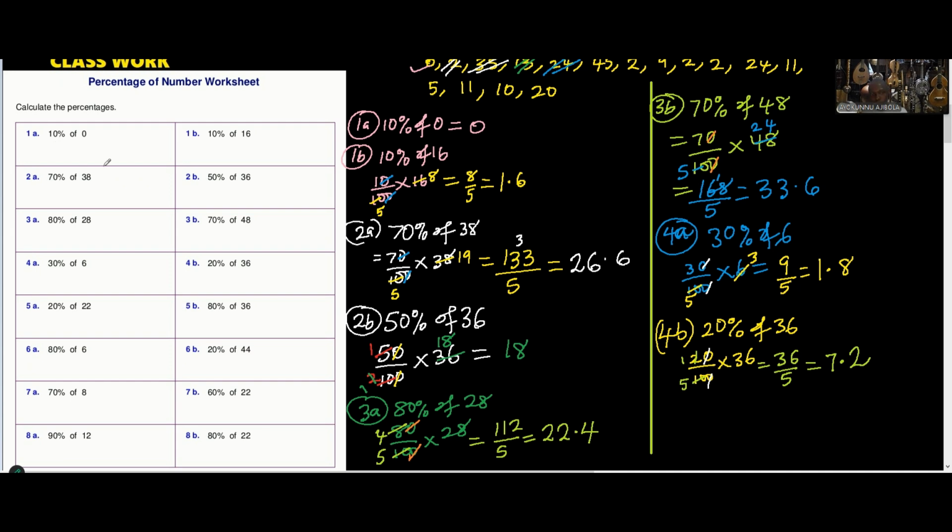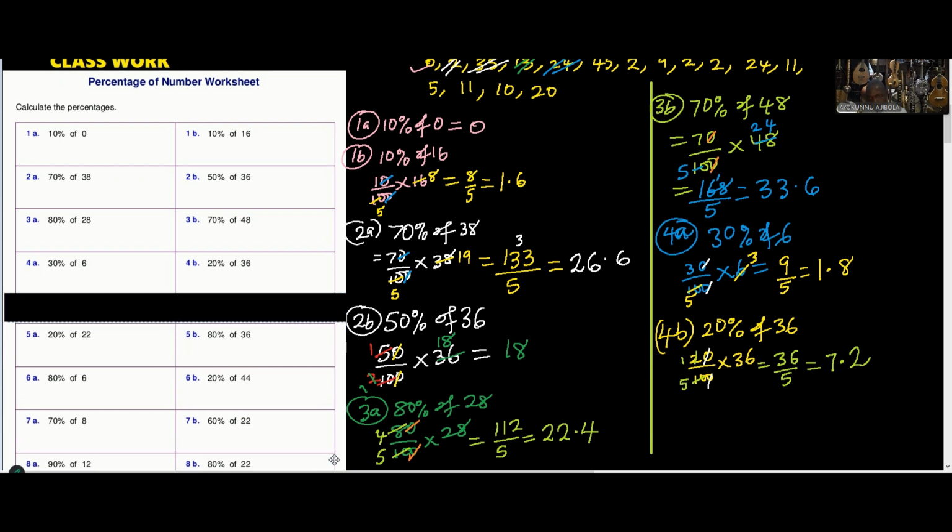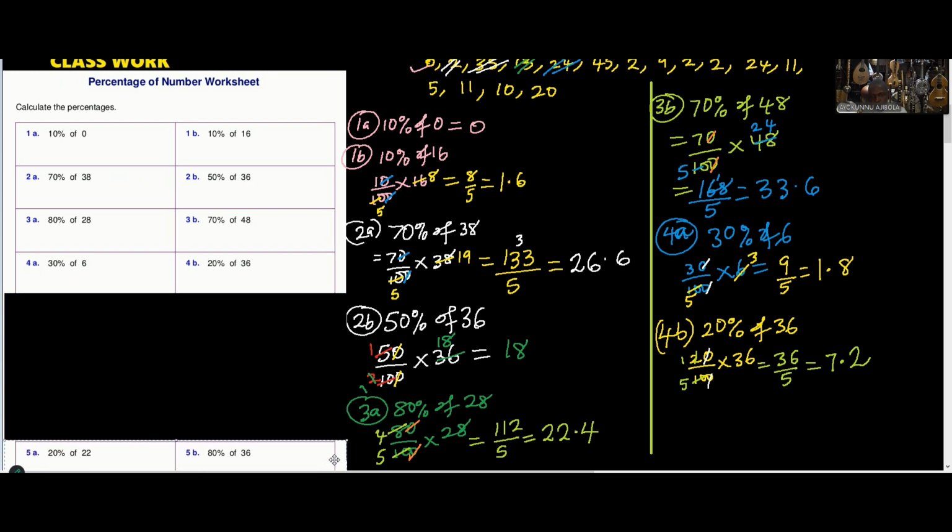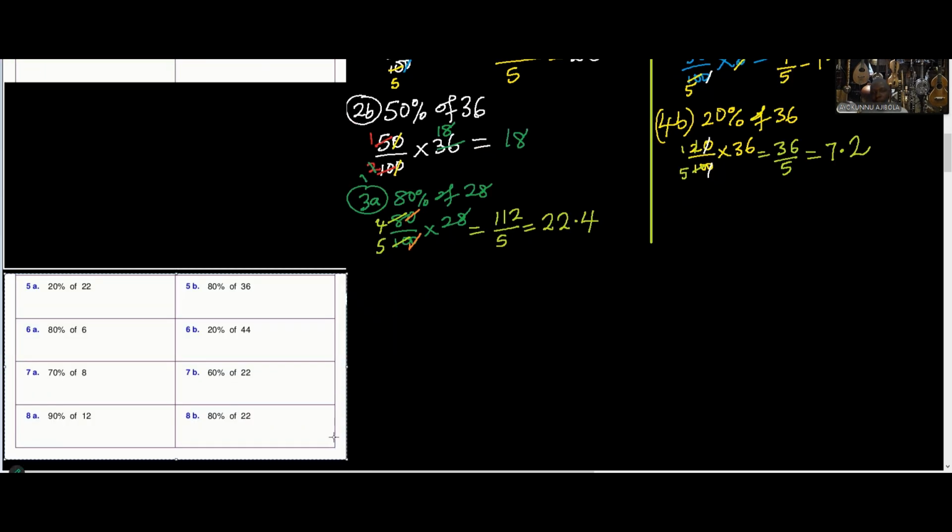Now for 5A, let me move the 5A to the bottom so that we can figure it out there. So for question 5A, we have 20% of 22.